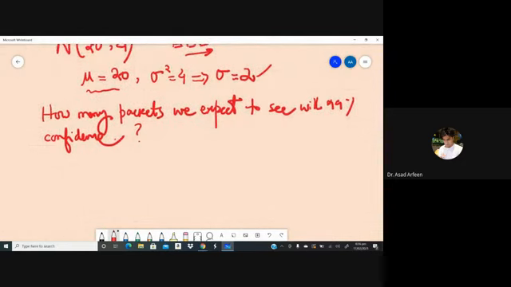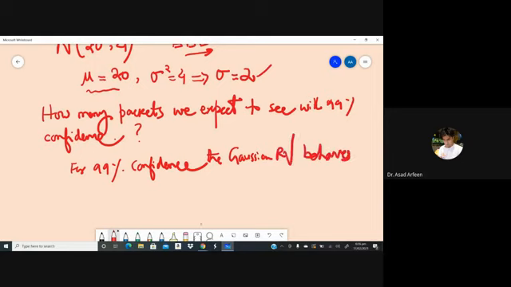So for 99% confidence or probability, the Gaussian random variable behaves like, mu plus minus 3 sigma, in between.